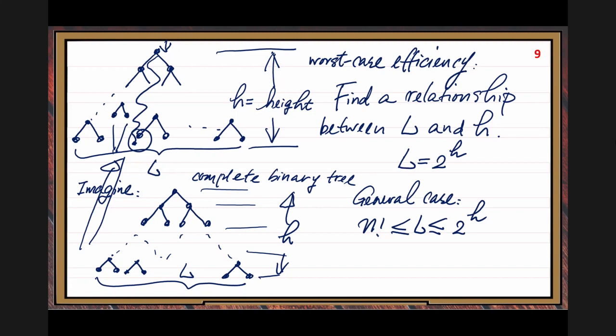Can we take log base 2 of both sides? Log base 2 of n factorial is less than or equal to h, the worst case efficiency. But usually the log of a function is not an integer, so to make it an integer we take the ceiling function, less than or equal to h.